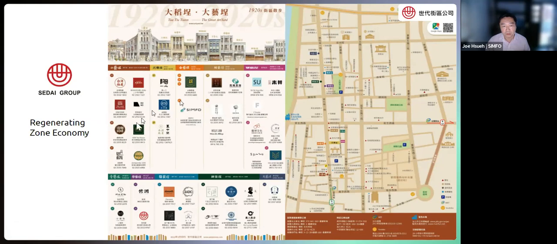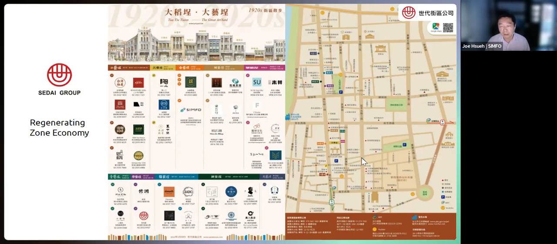Here are the 50 shops inside those historical houses, because they are spread out in different places. By strategically spreading out, it started to create a new vibe in the community. More and more people started to come in, both the artists and also the art consumers.